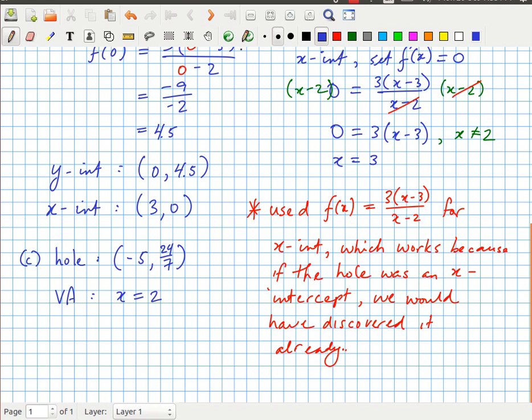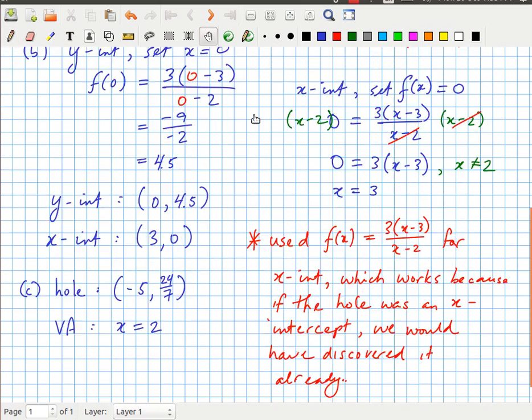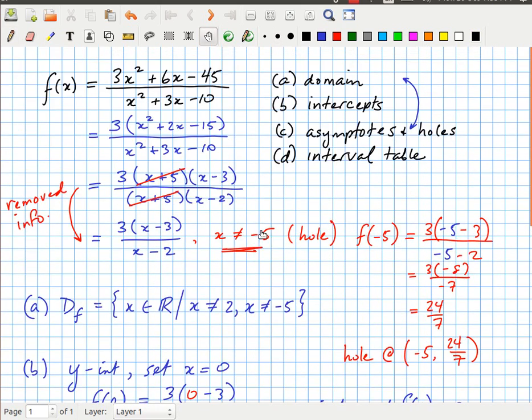If you look at the original expression all the way at the top, the original expression was a quadratic over another quadratic. That's order 2. 3x squared is order 2 over 1x squared, also order 2. So that tells us it's going to be a horizontal asymptote because the orders are the same, order 2 over order 2.